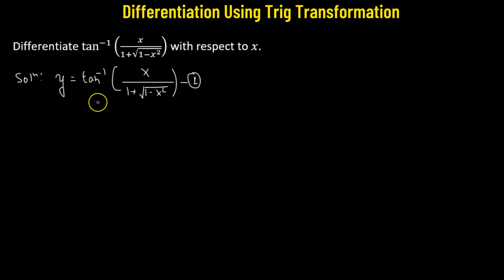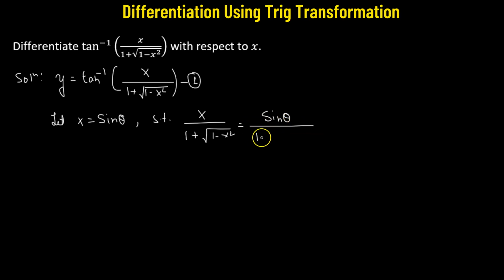We'll try to simplify the expression on the right hand side by making a trigonometric transformation. So we will suppose that x is equal to sine theta. When we take x equals sine theta, our expression x divided by 1 plus square root of 1 minus x squared becomes sine theta divided by 1 plus square root of 1 minus sine squared theta.